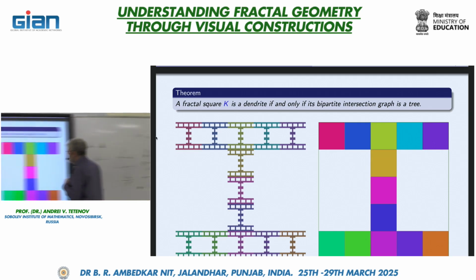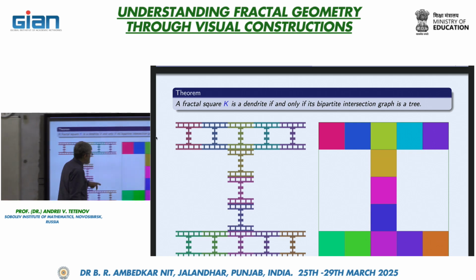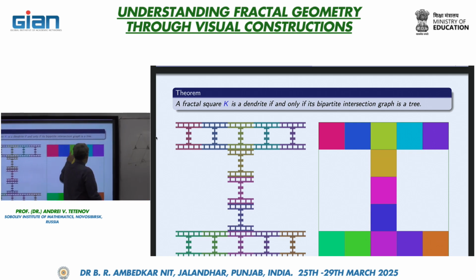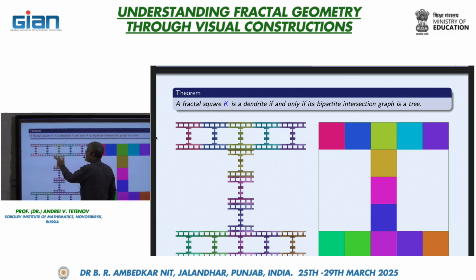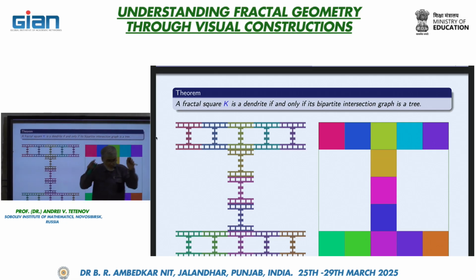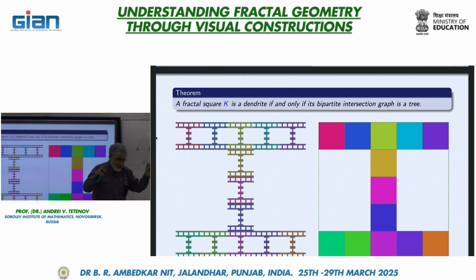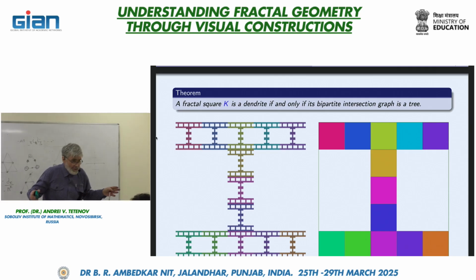But this cannot happen for fractal squares, because if the intersection of two copies of a fractal square is simply connected, and it is not a point, it can contain an interval.